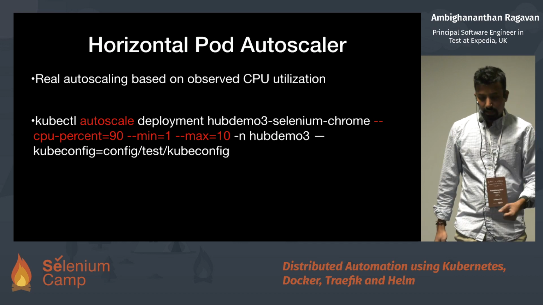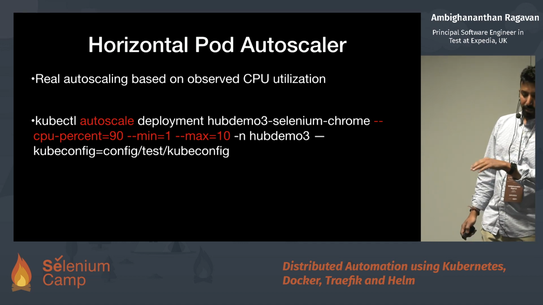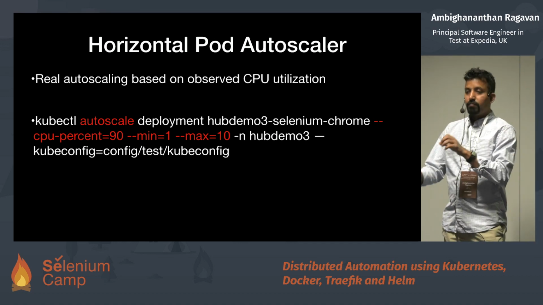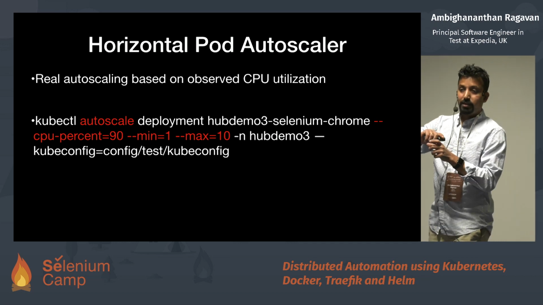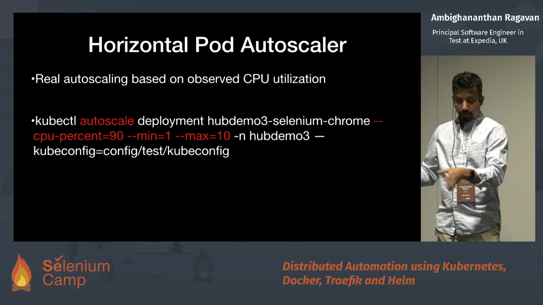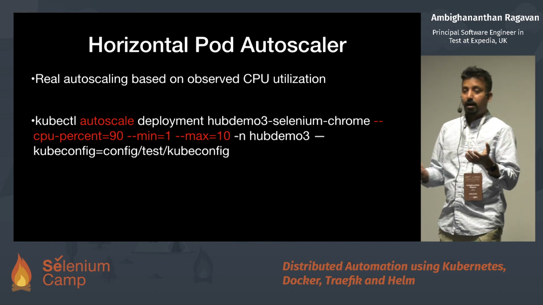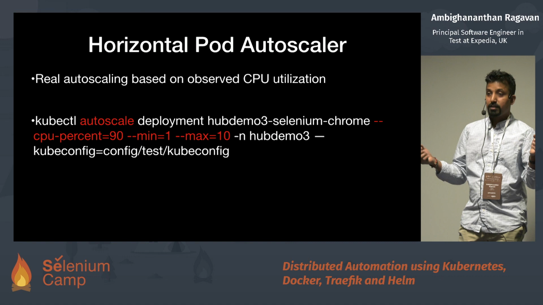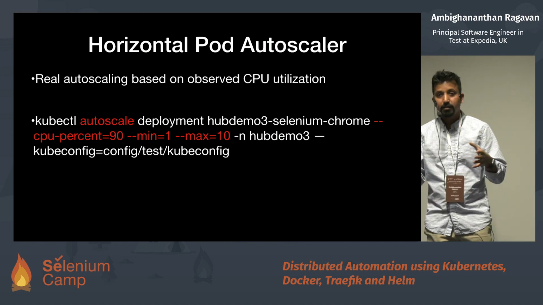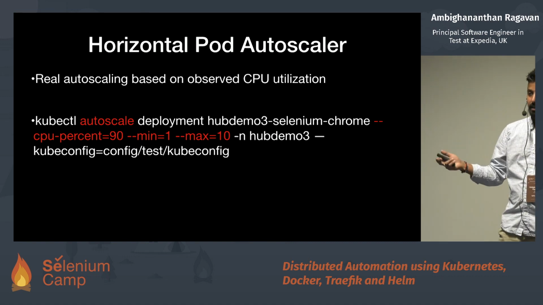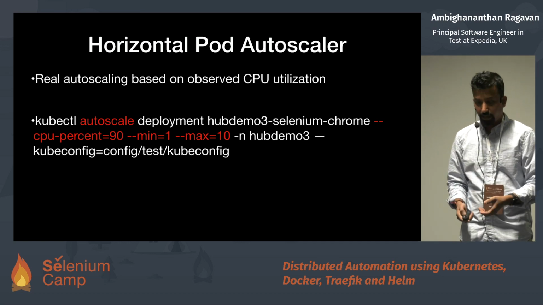So here I can say kubectl autoscale deployment, and if the pod CPU goes to 90%, then keep creating more pods until the max is 10. And after a certain duration, if the CPU percentage is idle, then it will automatically delete them. So this is the proper autoscaling.